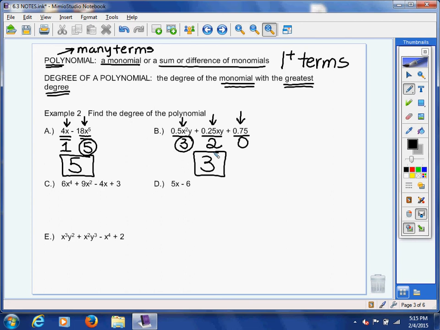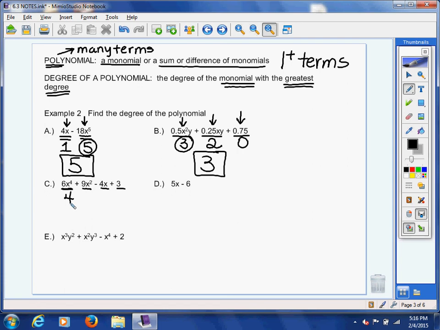Okay, let's look at letter C. Do you see 1, 2, 3, 4 terms here separated by either an addition sign or a subtraction sign? I do too. So we have a 4-term polynomial. Let's look at 6x to the 4th. X has a 4 exponent, and that's the degree of that individual monomial. Now let's go next door to 9x squared.